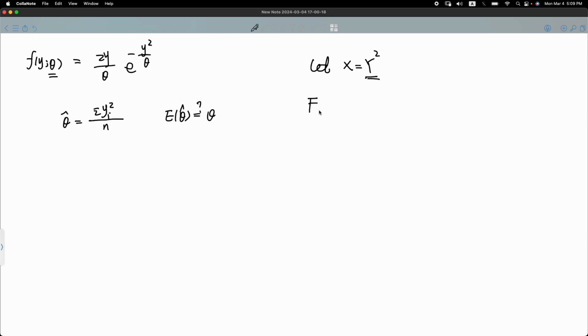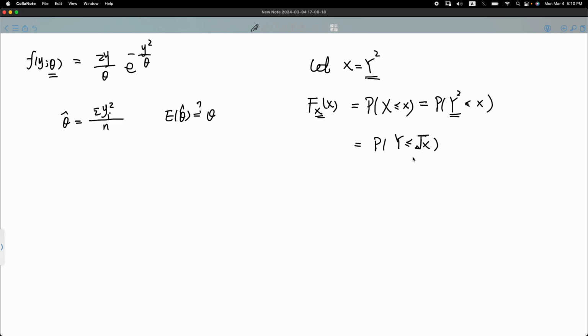Let's start from the CDF for random variable X, which is the one that we define here. This is just the probability that random variable X is less than a particular observation x. Then substitute the variable that we know, Y squared less than x, which is also equivalent to random variable Y less than the square root of x.